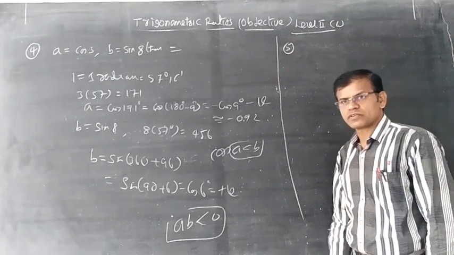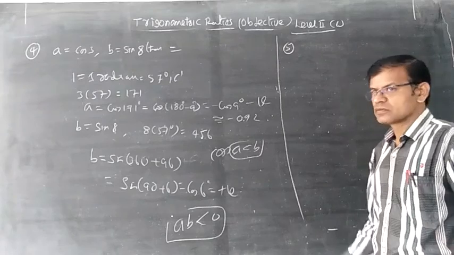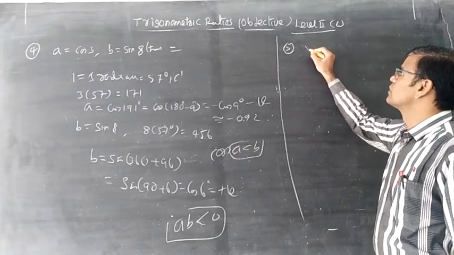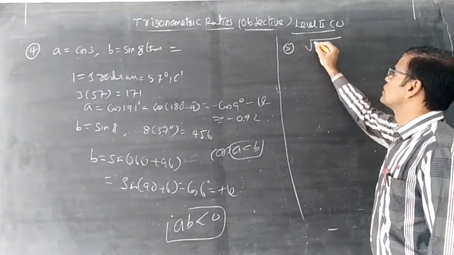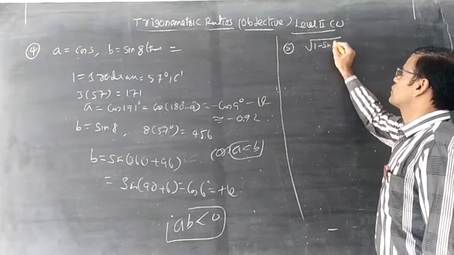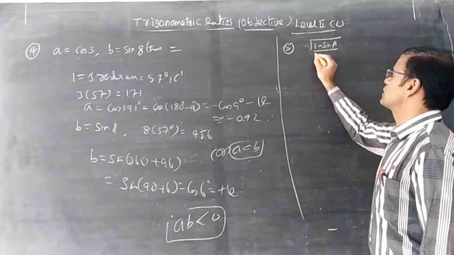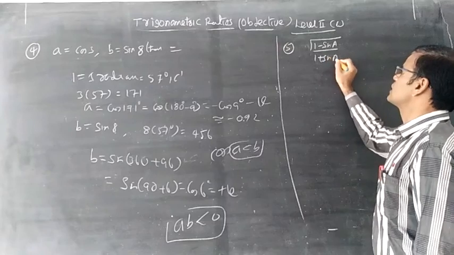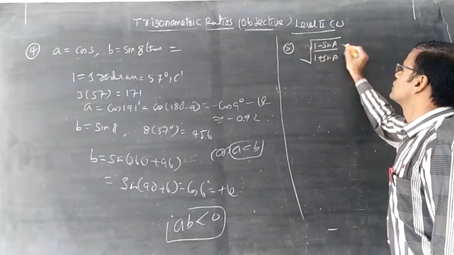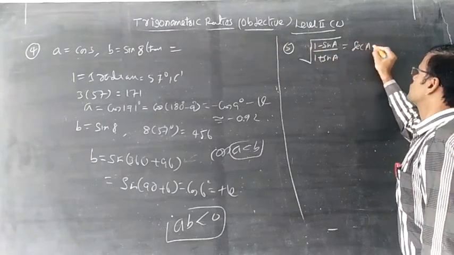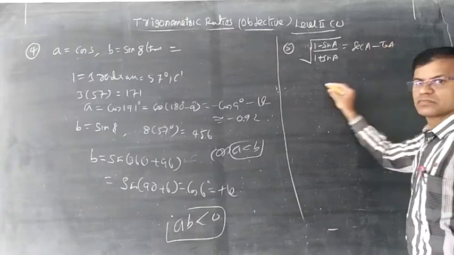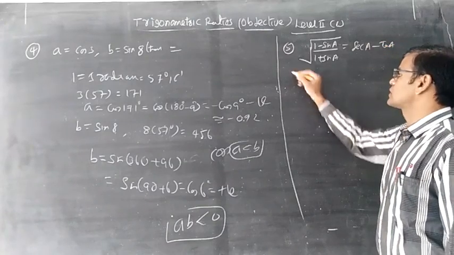Read the question, Hema, fifth. If root of 1 minus sin a by 1 plus sin a is equal to secant a minus tan a, then a lies in which quadrant? Shortcut is there.